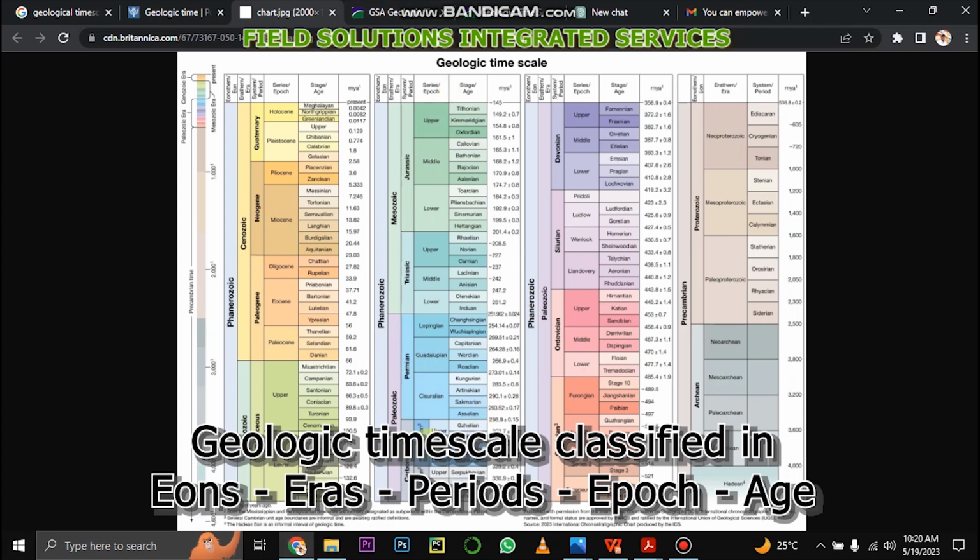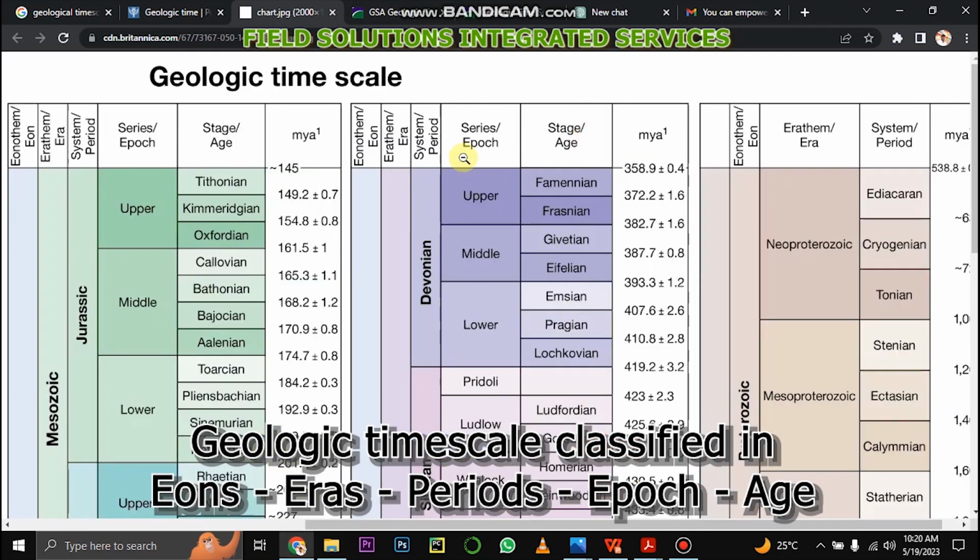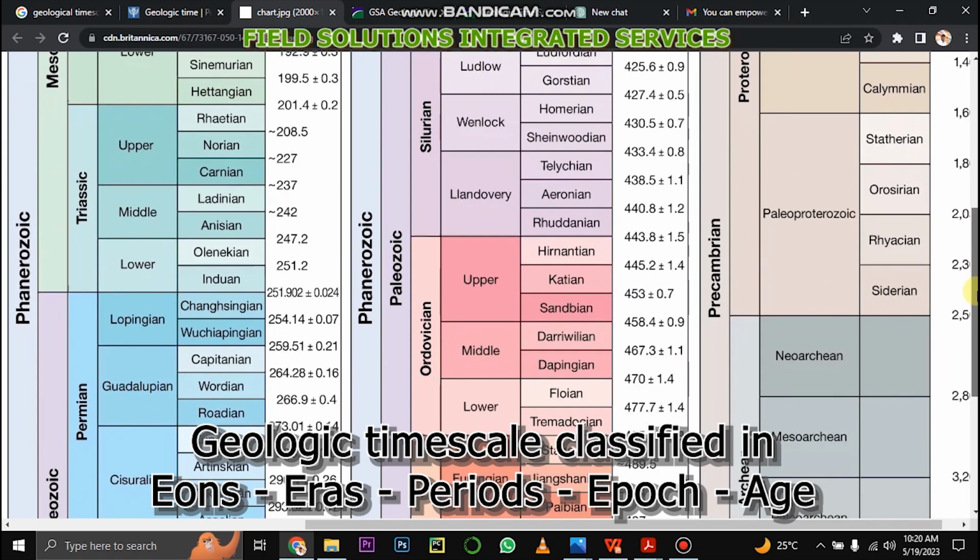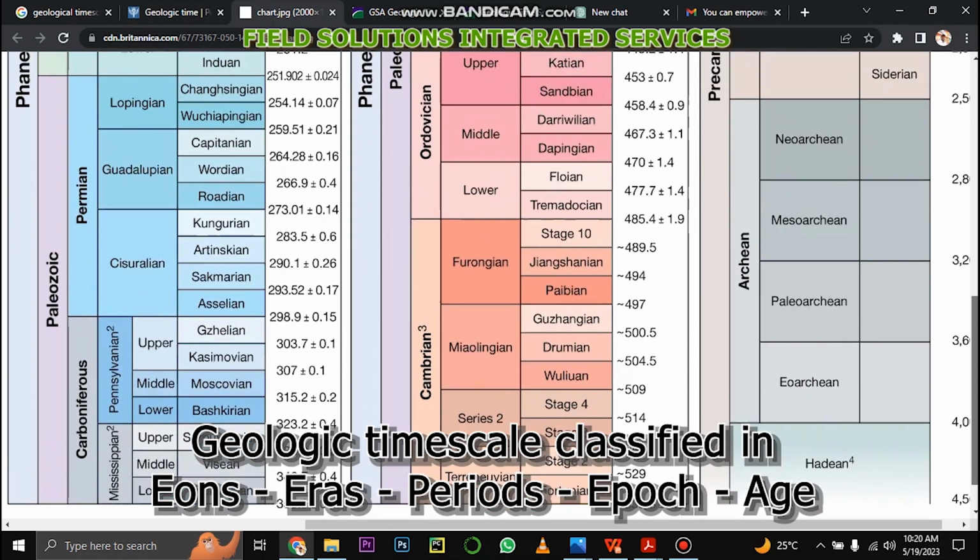Now, looking at these periods, they are subdivided into series or epochs.